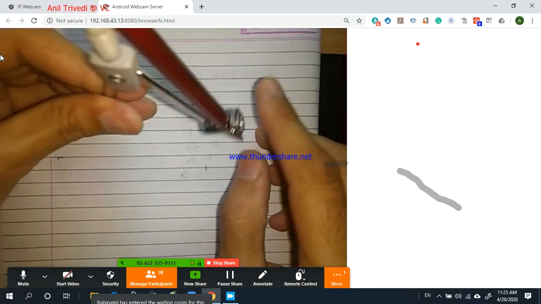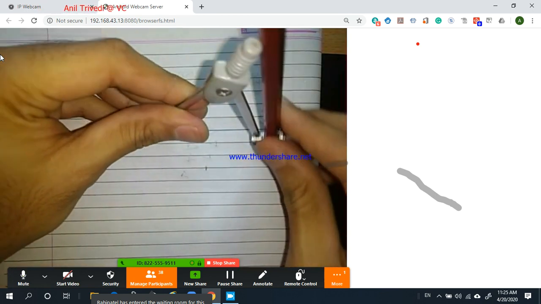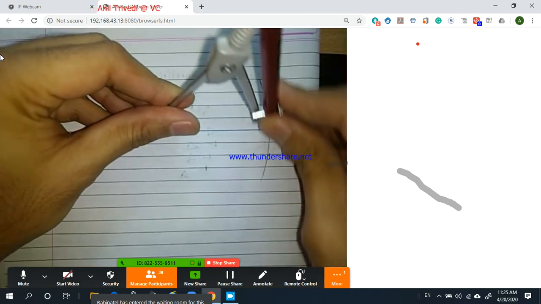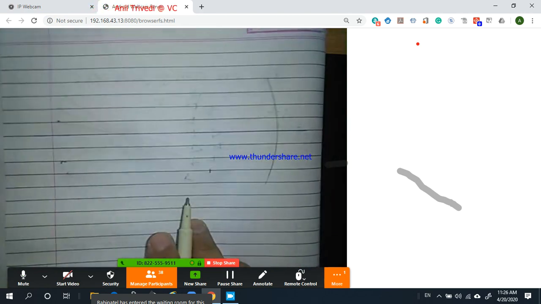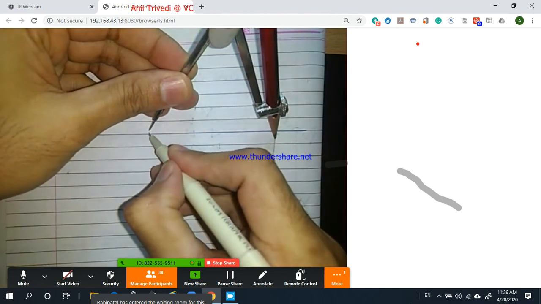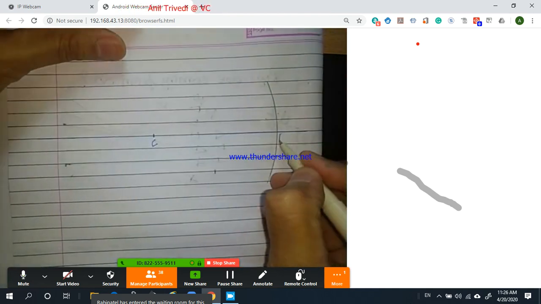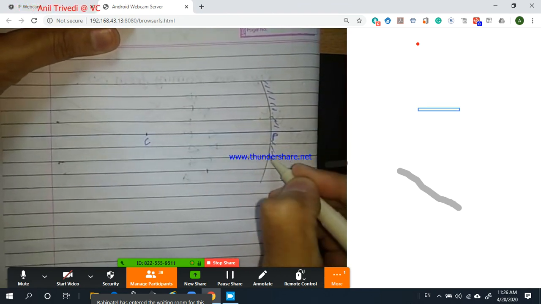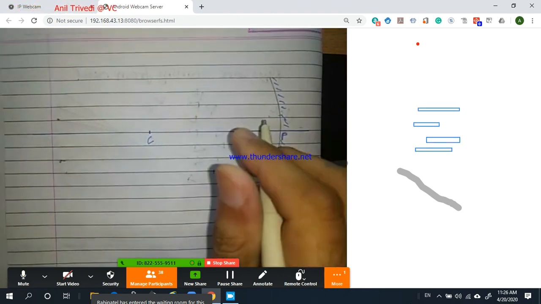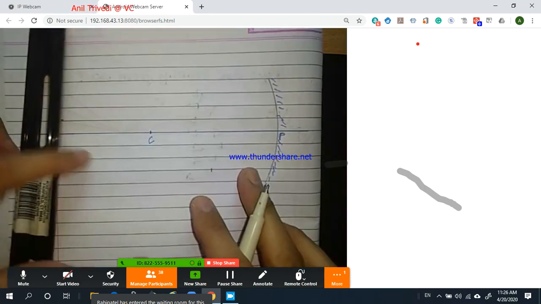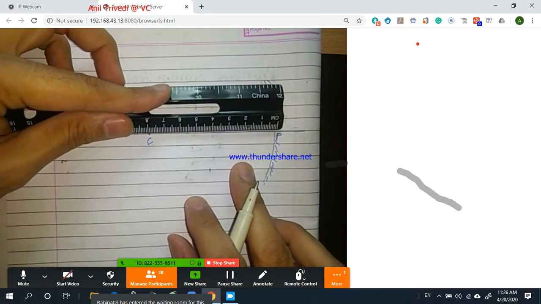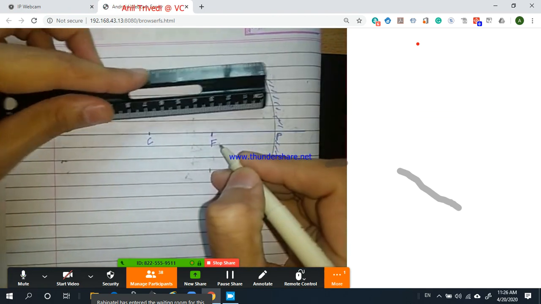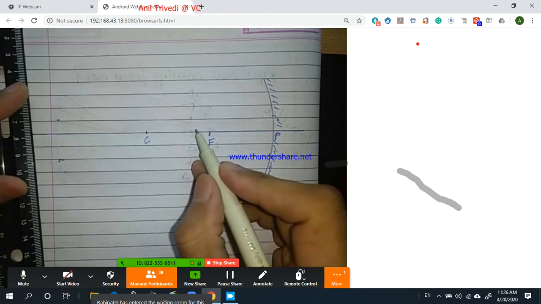Okay. So 4 lines below, 4 lines above. This is C, P, shading, somewhere half a mark. It is F. Now the object is to be placed.